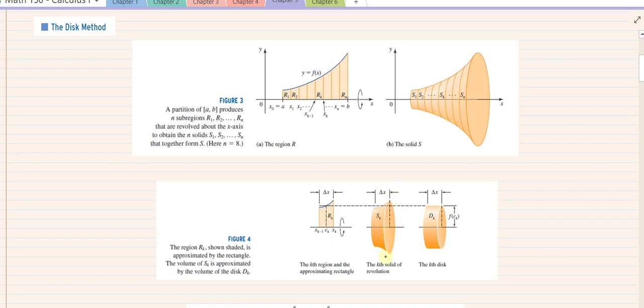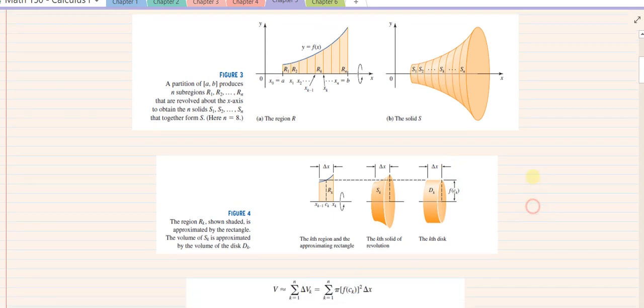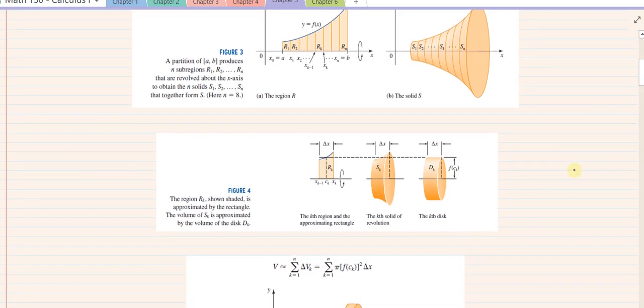Now we can approximate the volume of this solid using a disk. And this is the disk that we're going to use. Every disk has width and it has height. True? If I lay that disk on its side, the thickness of that disk is going to be delta x.